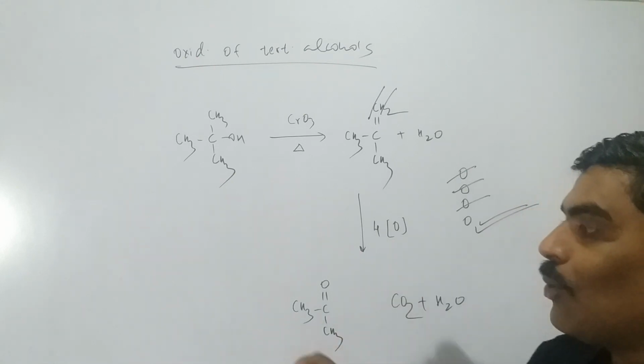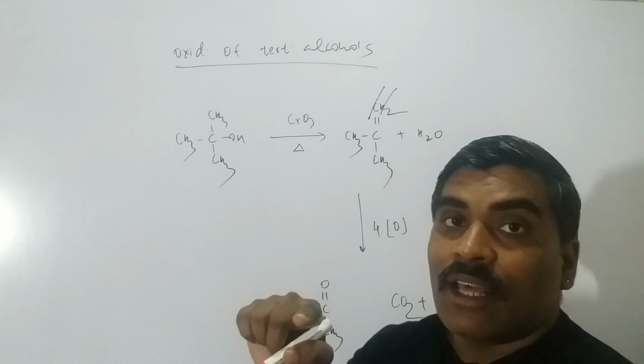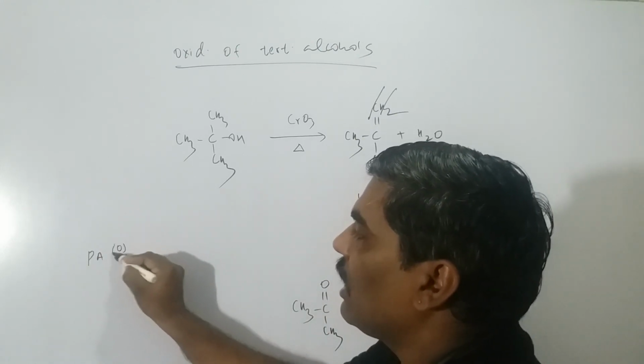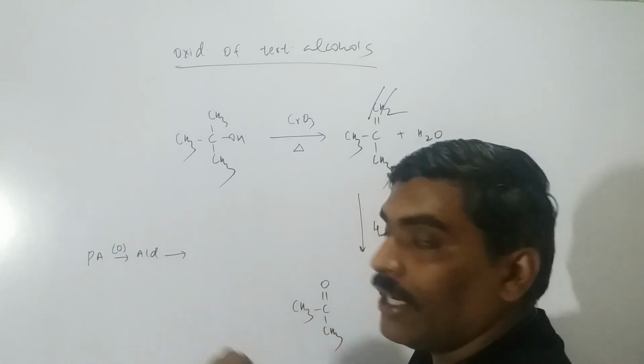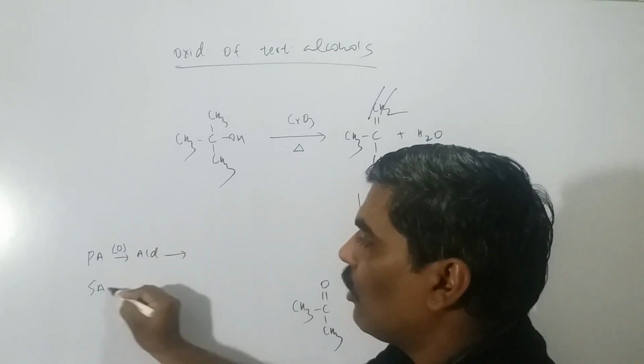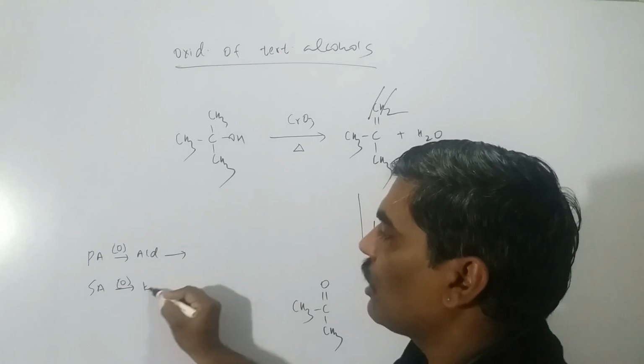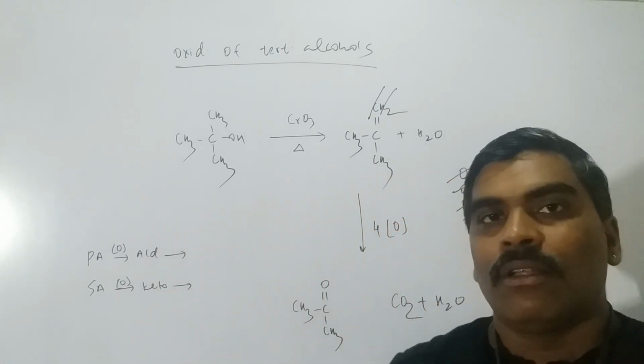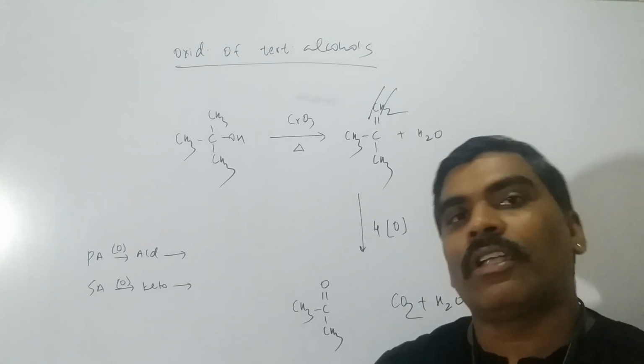Now, as I wrote when we started our class, primary alcohol on oxidation gives aldehyde and further oxidation. And for secondary alcohol also, oxidation gives ketone and further oxidation. Same way, now I will write for tertiary alcohol.